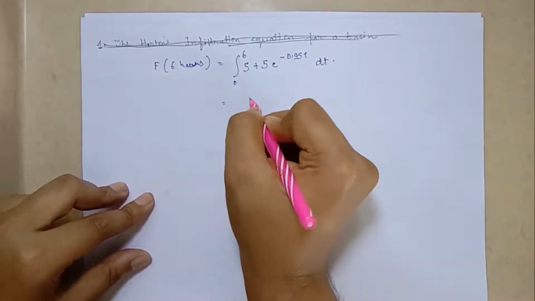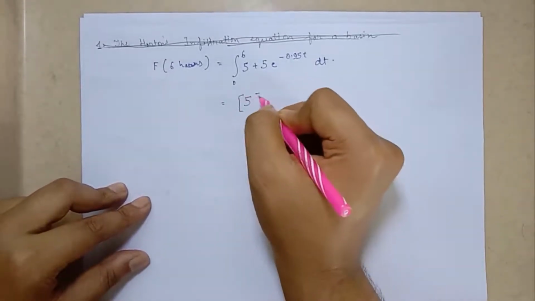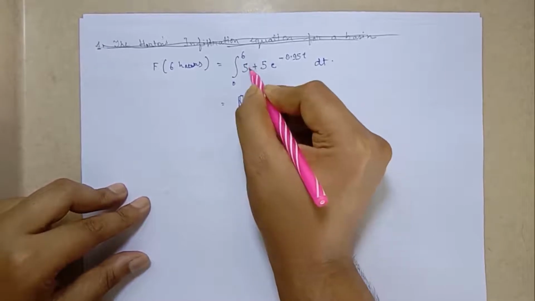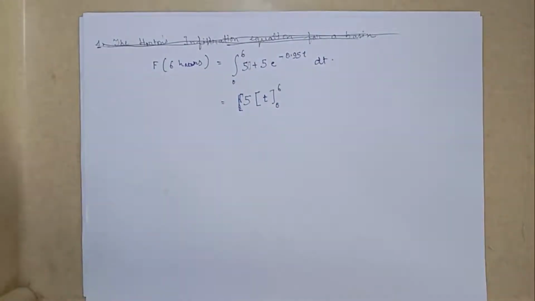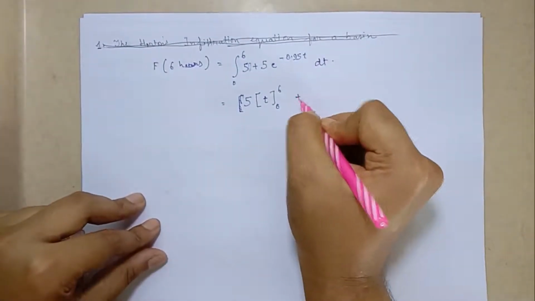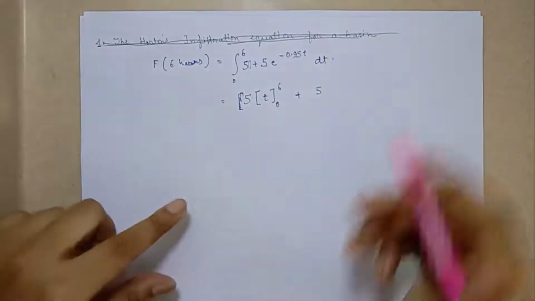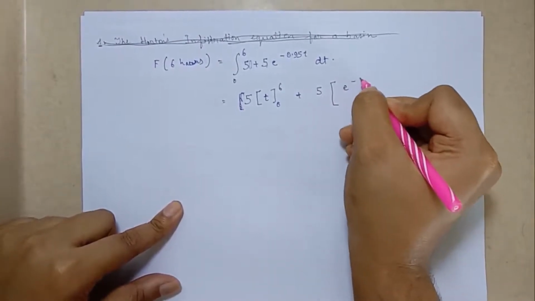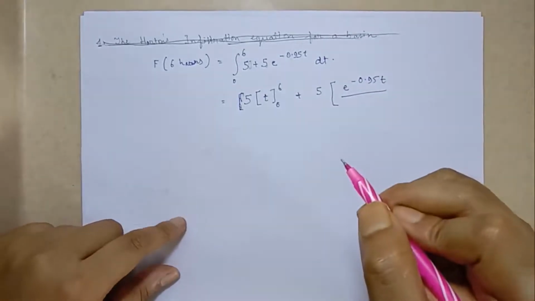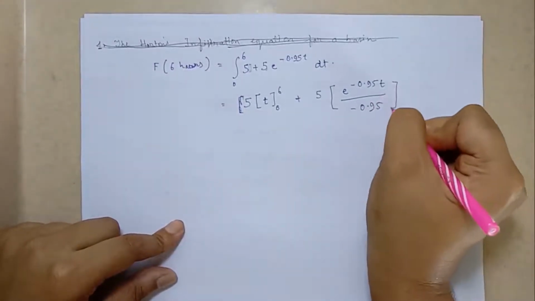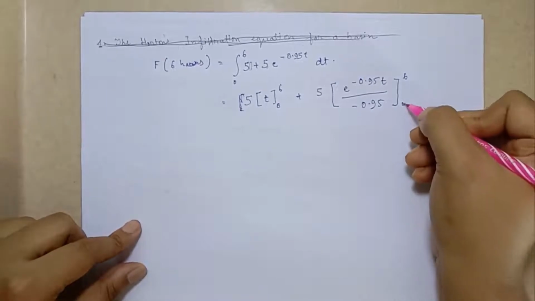On integration, 5 will be a constant and there is no t term, so it is integrated as 5t from 0 to 6, simple integration, plus 5 as the constant for the next term, and it will be e to the power minus 0.95 t divided by minus 0.95, from 0 to 6.